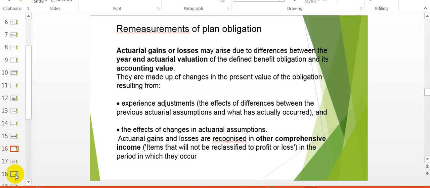Then we also have actuarial gains or losses, which may arise due to differences between the year-end actuarial valuation of the defined benefit obligation and its accounting value.